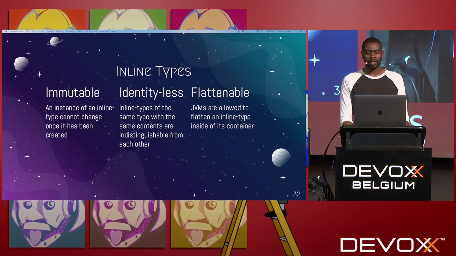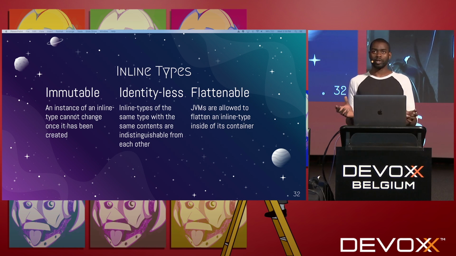So the main characteristics of InlineTypes are that they are immutable, identityless, and most importantly, flattenable. Immutability means that an instance of an inline type does not change once it's been created. So if you want to change an inline type, you have to create a new one. Identityless means that an inline type which has the same contents as another inline type is indistinguishable from it.